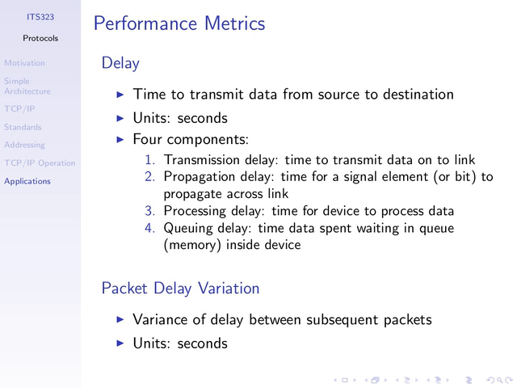Which is what? 300 divided by 300 million is 1 microsecond.